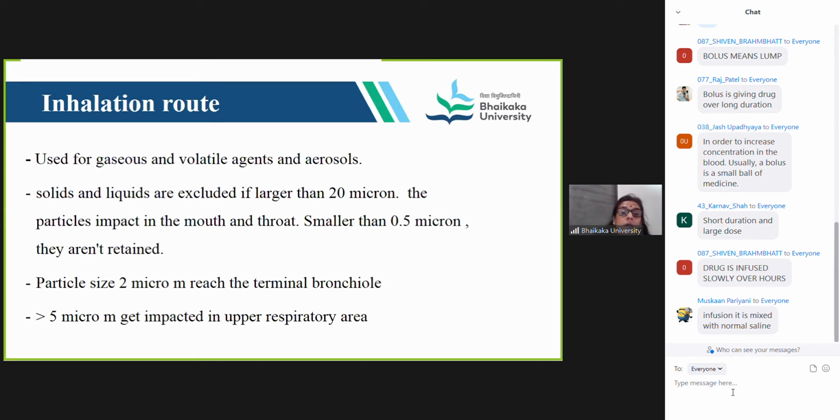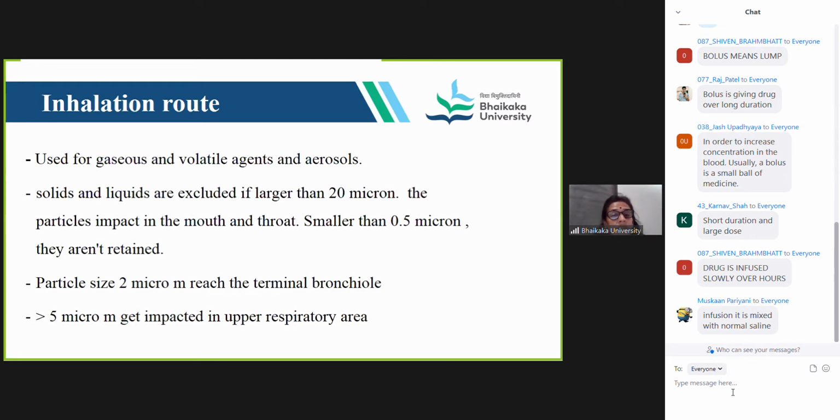So what is the important characteristic of the inhalational route here? The particle size of the drug is very important for the efficacy of the inhalational route.